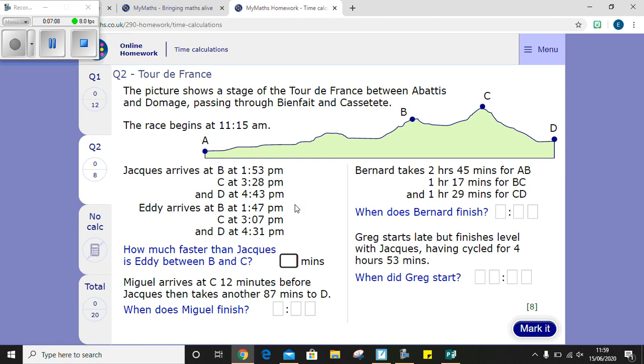Eddie arrives at B at 1:47, C at 3:07, and D at 4:31. How much faster than Jacques is Eddie between B and C? So I need to look and find the time difference between B and C for Jacques, B and C for Eddie, and see how much the difference is between Jacques and Eddie.